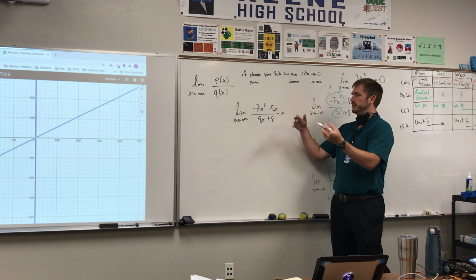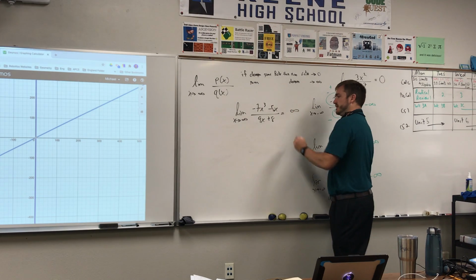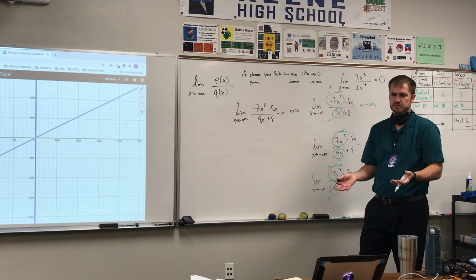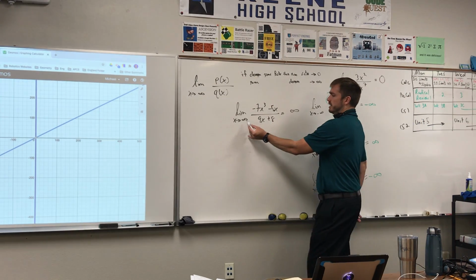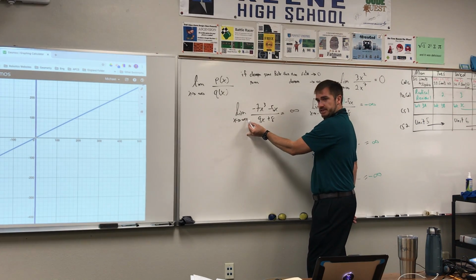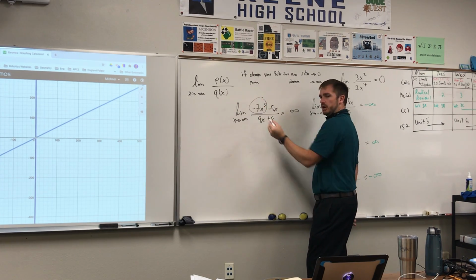Let's do that same thing, but with x approaches positive infinity, so you can see by way of comparison. We'll do the limit as x approaches positive infinity of negative 7x cubed minus 5x over 9x plus 8. Who's going to win, numerator or denominator? Numerator, so I know the answer is infinity. Now it's a matter of whether it's positive or negative infinity. Since x approaches positive infinity, all my x values are positive.